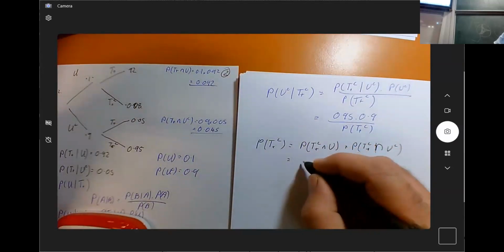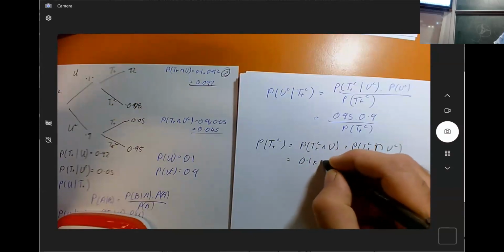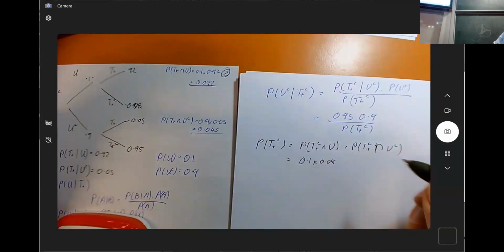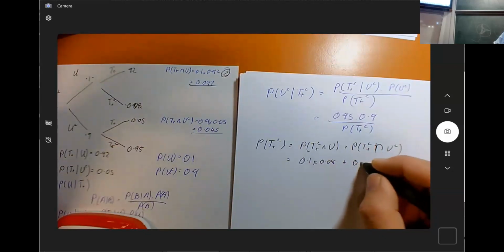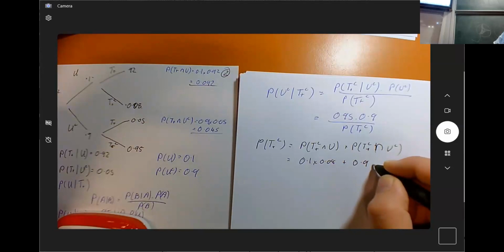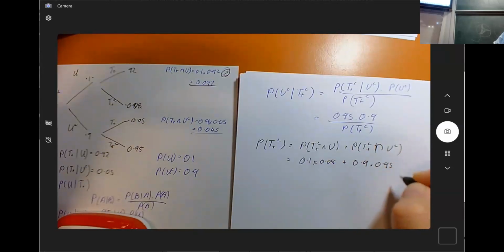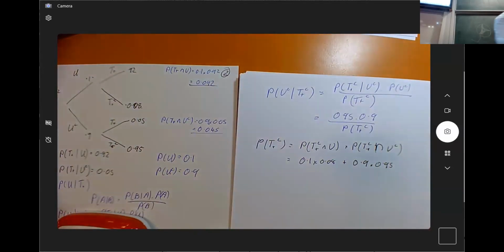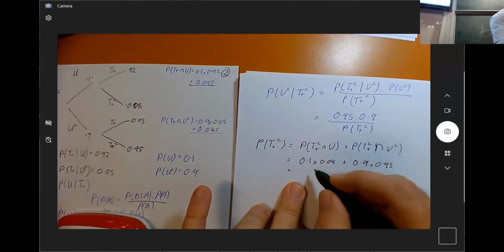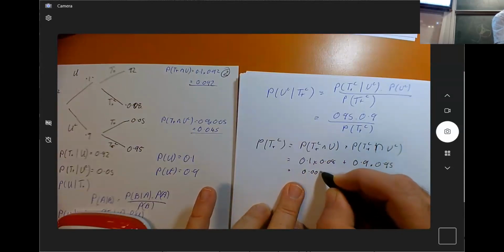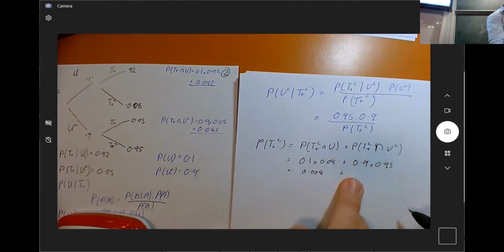So using would be 0.1 times 0.08, plus 0.9 times 0.95. That should get me my values. So this is 0.008 plus, anyone want to have a guess?